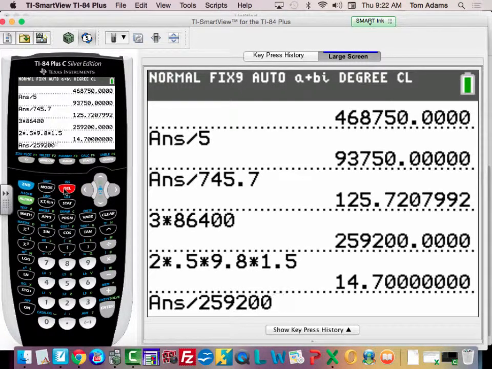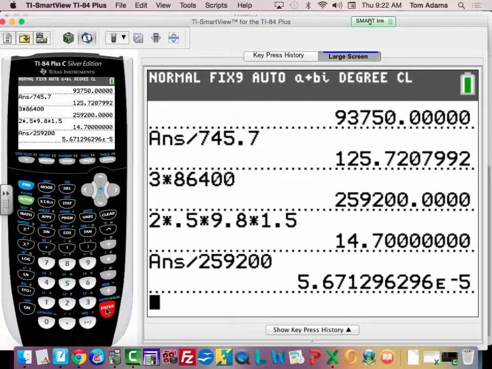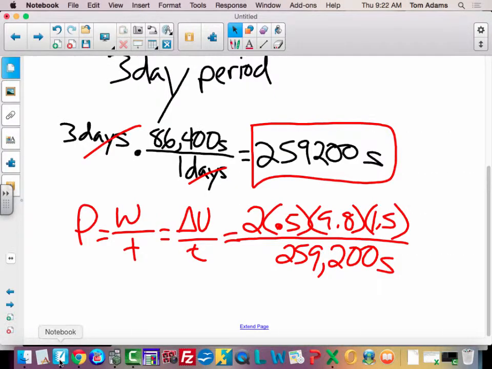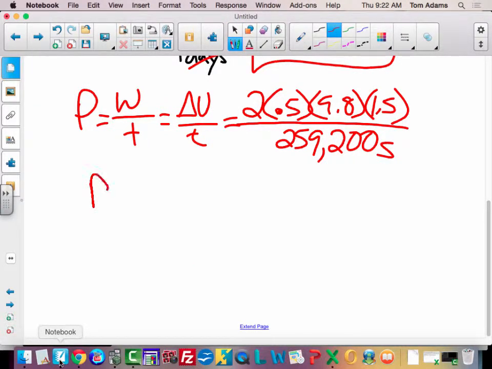Is that right? 5.7 times 10 to the negative 5, if I use sig figs and round. So the power, or actually the power, not average, the power was equal to 5.7 times 10 to the negative 5 watts.